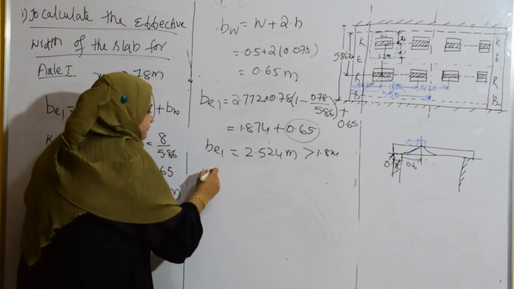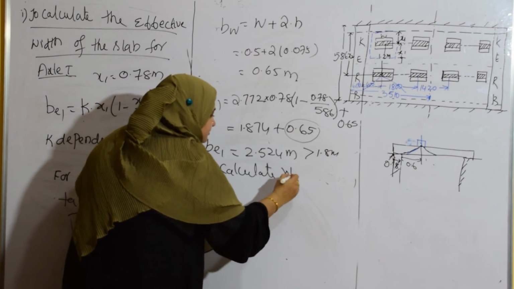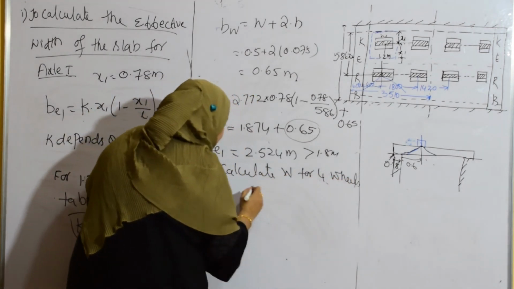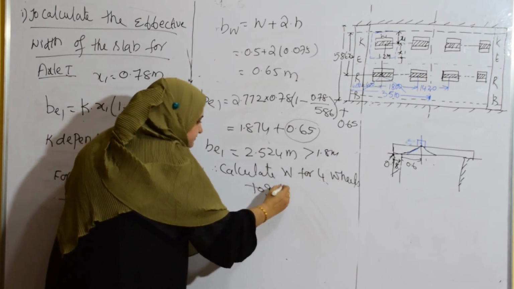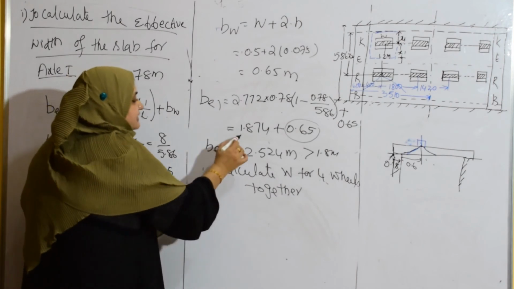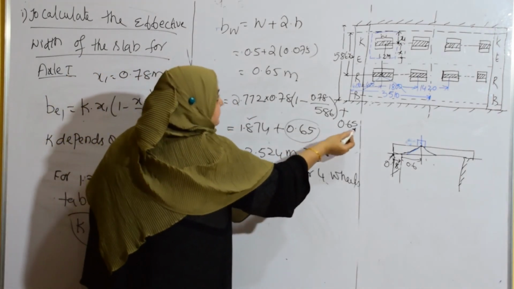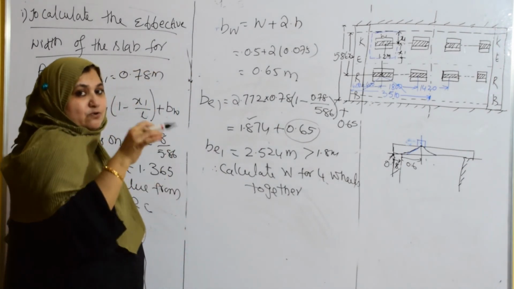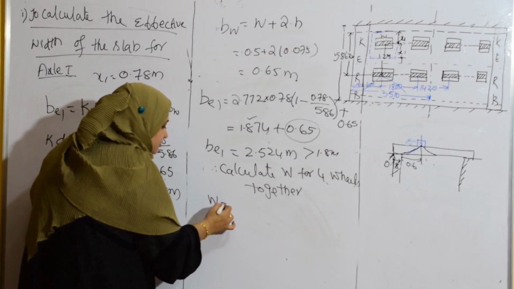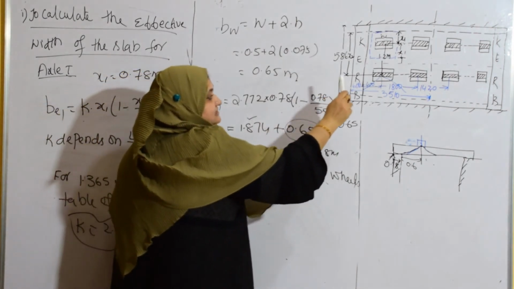So calculate W for four wheels together, because one is overlapping the other. K and X1 will not change, only BW, because that is going to overlap. So we will find W for four tires. I am not writing the value, I am just calculating it directly.